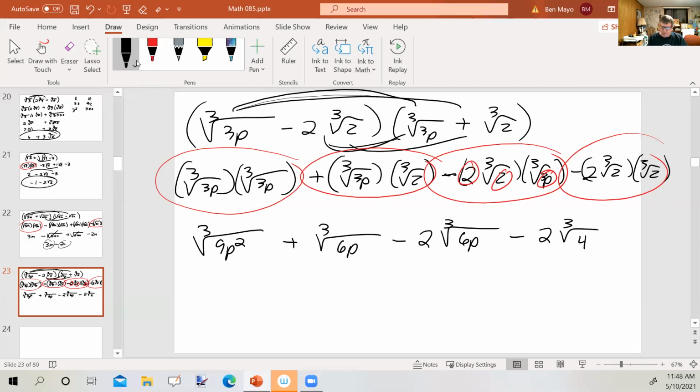And again, 4 can't be broken down into a cube. But these two terms are like terms.